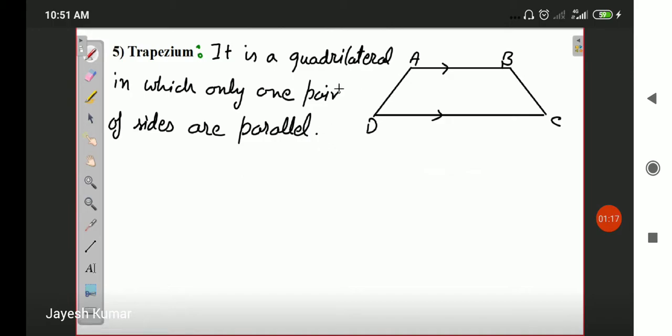Okay, that is what we call a trapezium. Here the parallel sides are AB and CD.